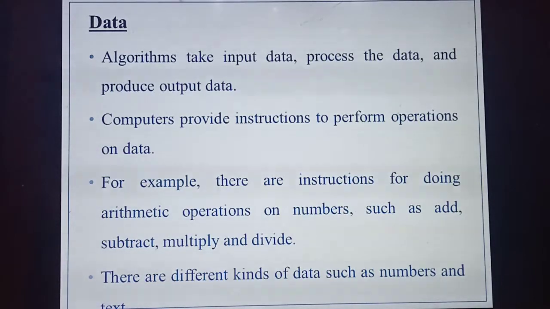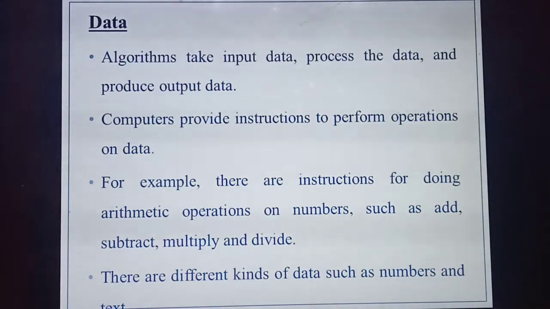So what is happening? Input, process and output. An algorithm also, to get the proper solution, needs to work in the same way. The algorithm has proper input, then it processes the data, and at last the algorithm will give the proper output. If you take a computer, it will give a lot of instructions.